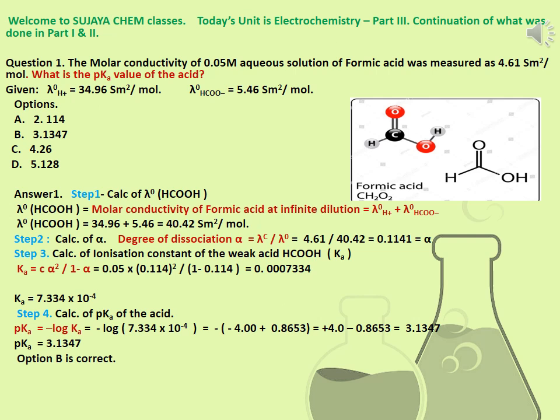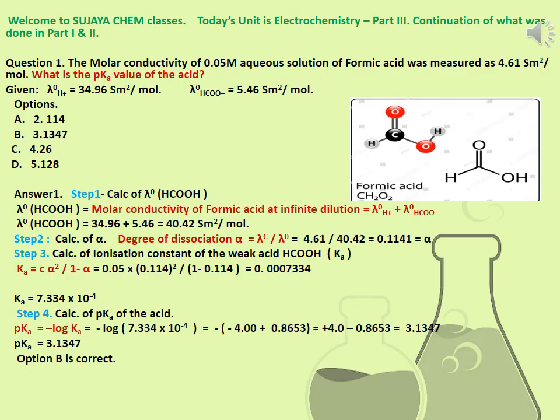The third step would be calculation of ionization constant Ka of the weak acid, methanoic acid. Then the last step would be calculation of pKa value, the mathematical expression of which is pKa is equal to minus log Ka. So from the given data we need to work out step by step.